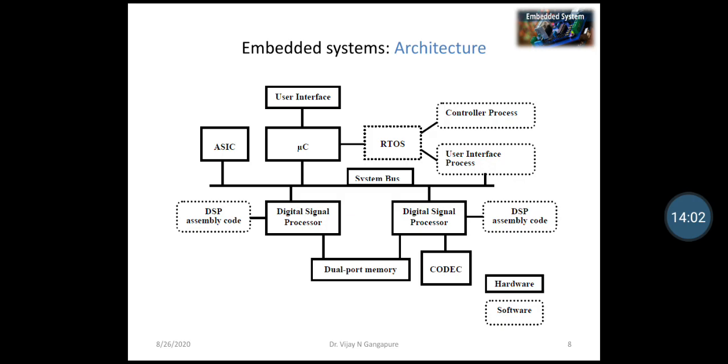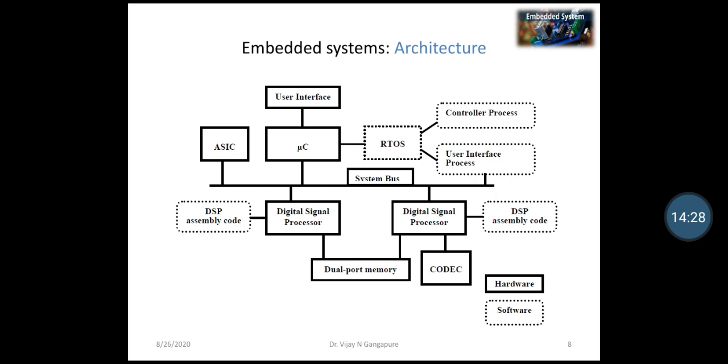Now next, the architecture of an embedded system. So this is the generalized architecture, or simply we can say the block diagram of a general embedded system. Now see, here there are solid lines, which is actually the system bus, a bus that connects various peripherals.